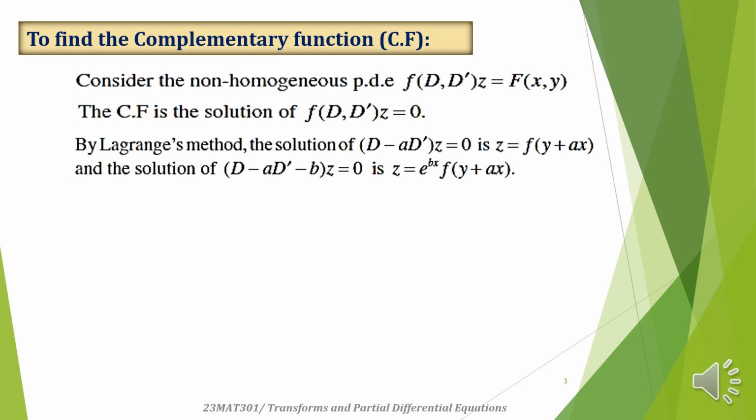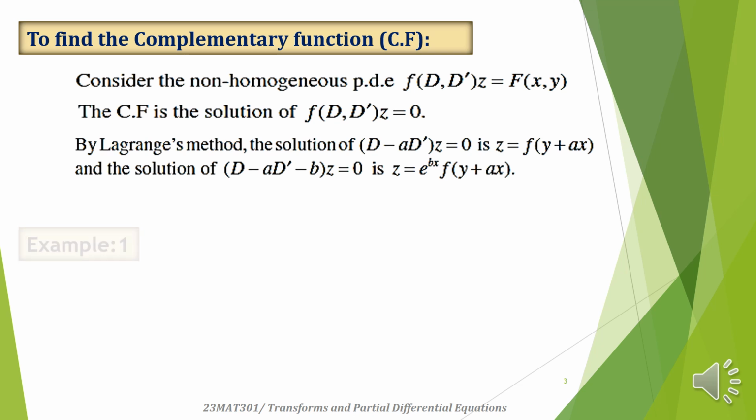Sometimes you will get D plus 4D dash plus 5 equal to 0. In that case, a is minus 4 and b is minus 5. The format is D minus aD dash minus b, so the plus and minus symbols change, and according to that you will change the complementary function values also.